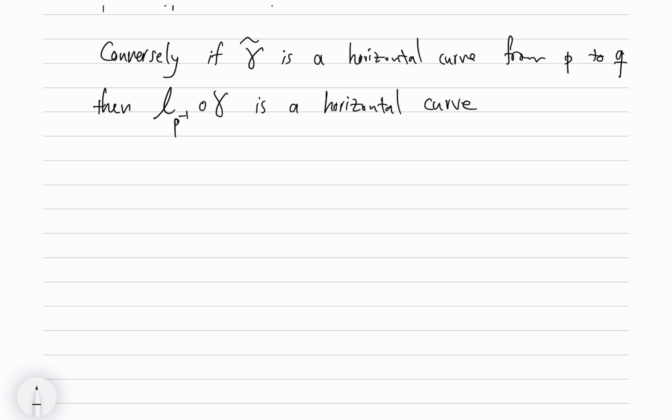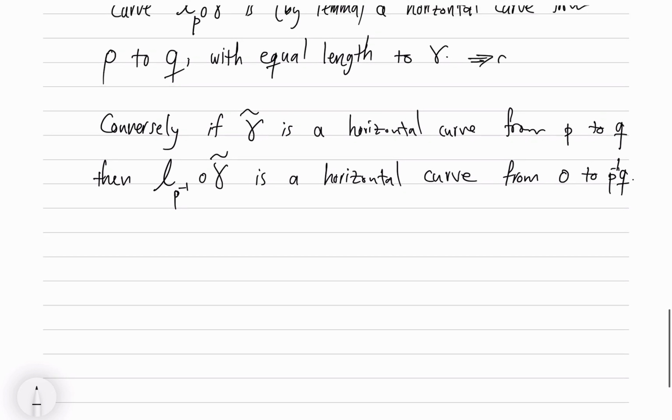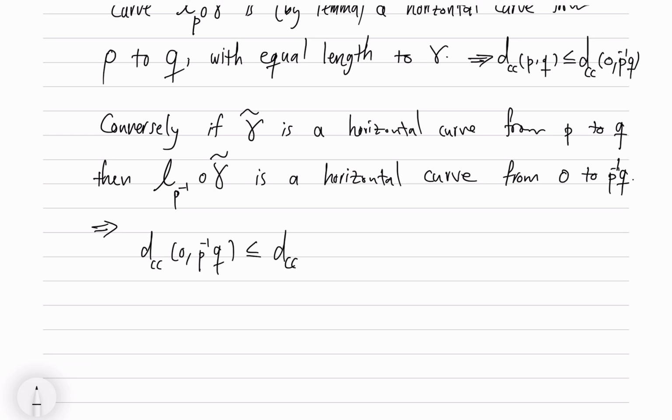So it is a horizontal curve, well, multiply P inverse into the beginning and end, so from 0 to P inverse Q. So this implies that dCC of PQ is less than dCC of 0 and P inverse Q. And this implies the opposite, so dCC of 0 and P inverse Q is no longer than dCC of PQ. So, the claim follows.